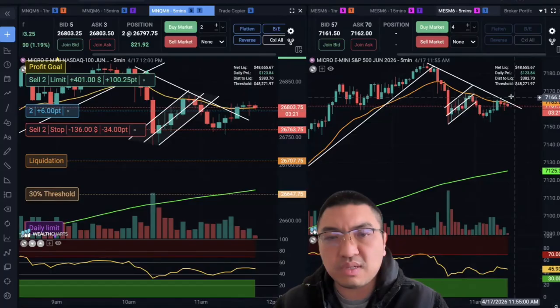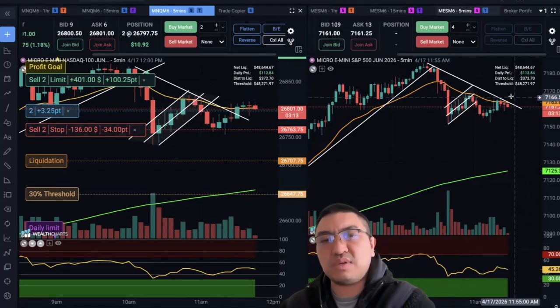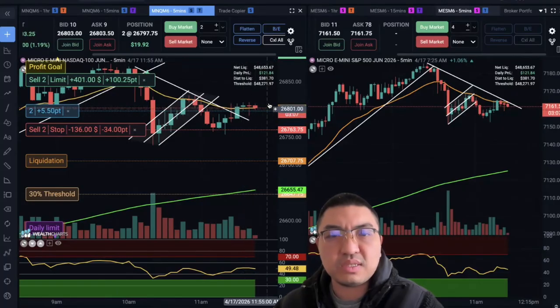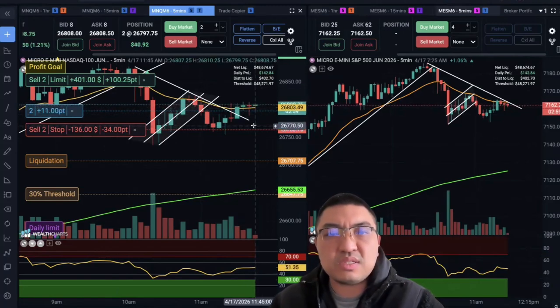Oh, still sideways. If three candles are all sideways, then I need to quit the trade. Sideways like this, and it feels like a diamond. If this is a higher high, diamond, diamond, so I'm expecting this to break out.